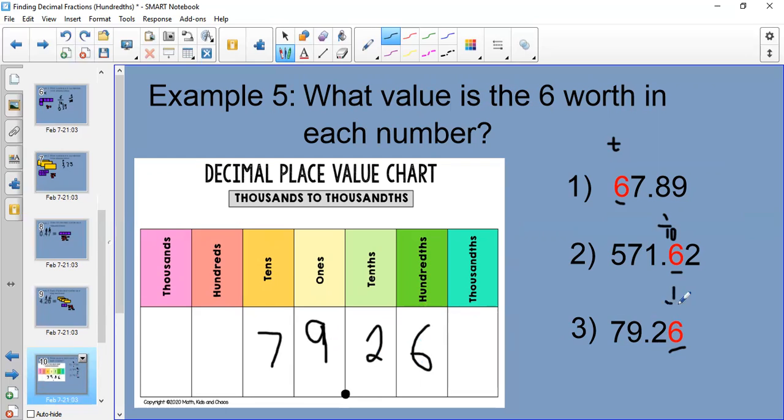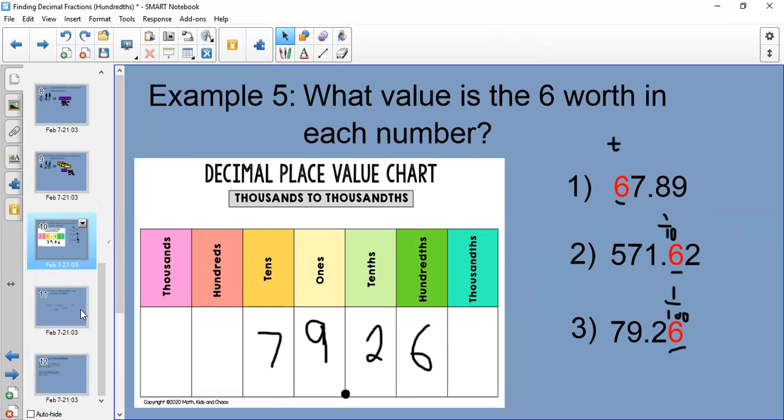So I could write hundredths, or I could just draw a little fraction to show that I know that it's in the hundredths column. So that's how you identify the value of decimals when they're written out in number form, okay? And a couple of those questions do come up in your activity sheets. So hopefully you understand this explanation of them.